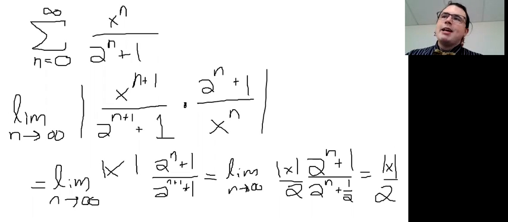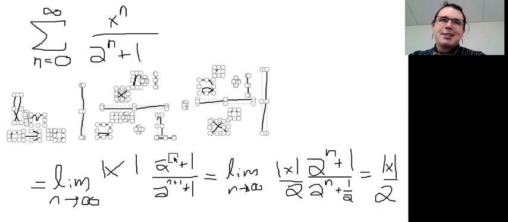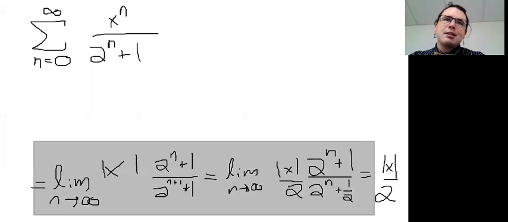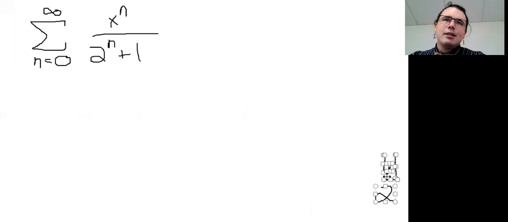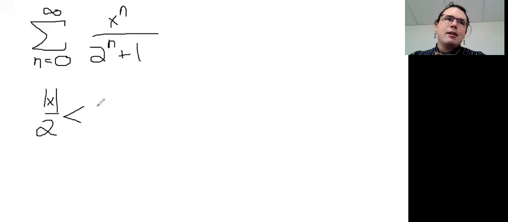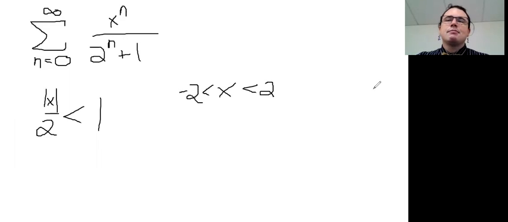Now, the ratio test says that whatever I get for the limit, as long as the number is less than 1, the series converges. Well, to make the absolute value of x divided by 2 less than 1, that would mean that x itself has to be between positive 2 and negative 2.